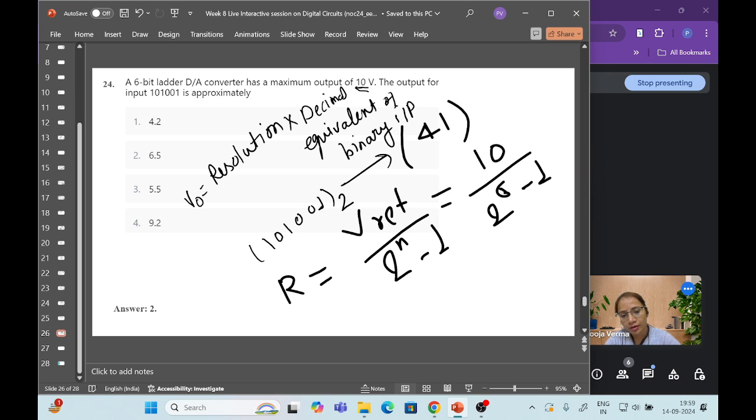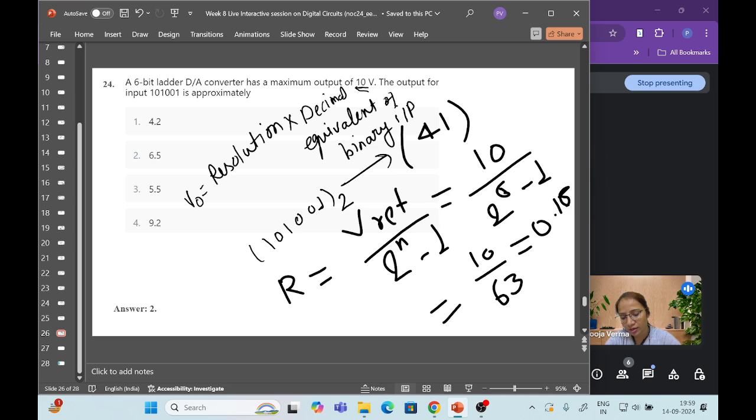If you calculate it, you will get 10 divided by 63, which is 0.15, or approximately 0.16.